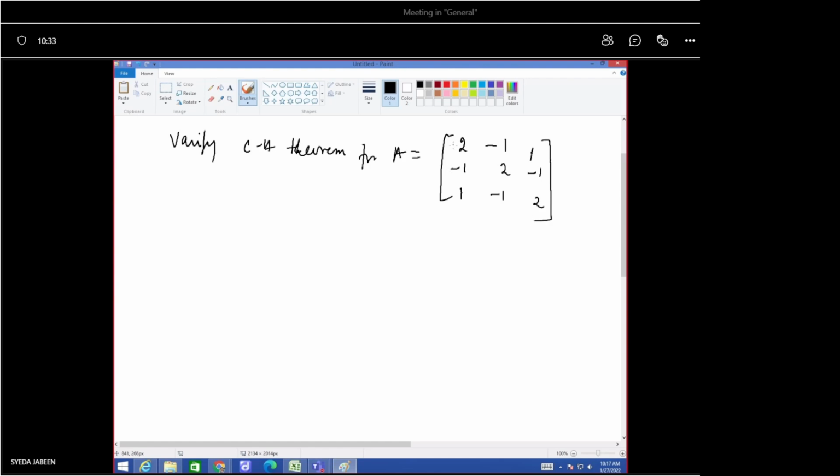Just tell me the first step. So to verify the Cayley-Hamilton theorem, we construct the characteristic equation.